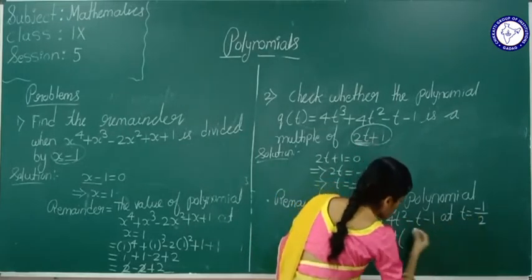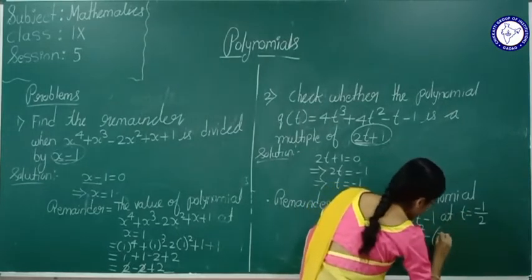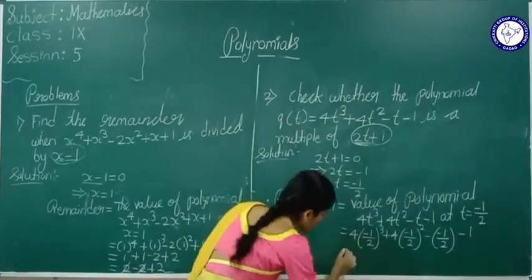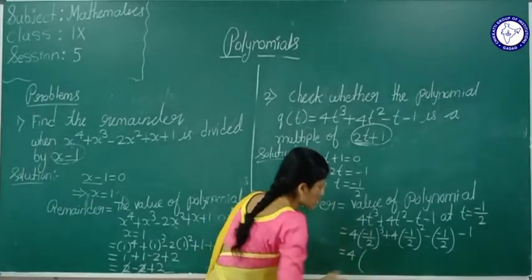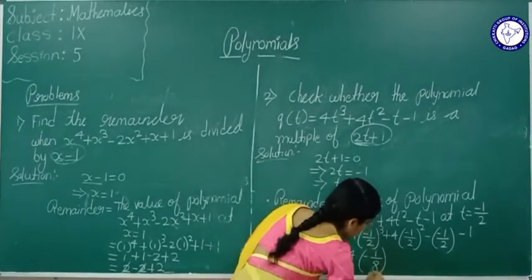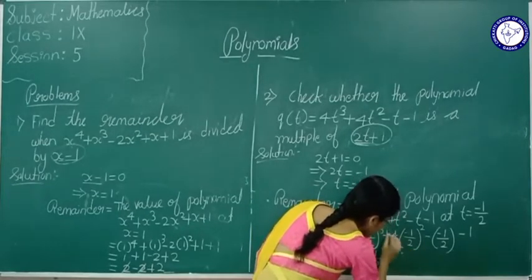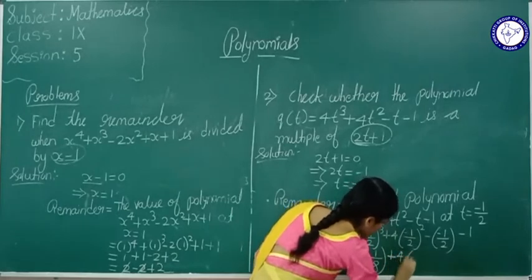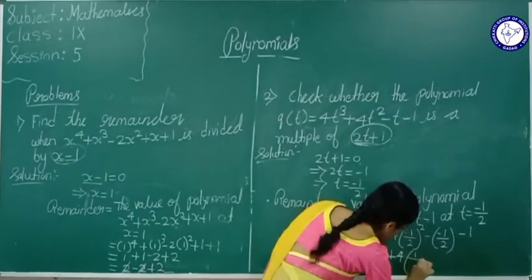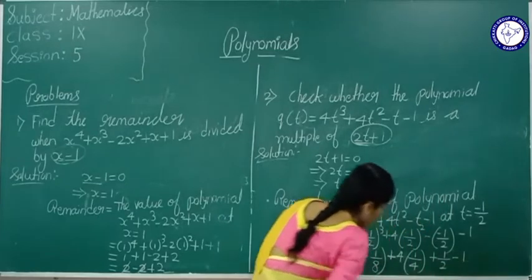In place of t you put minus 1 by 2 square, minus t is nothing but minus of minus 1 by 2, minus 1. So what is that? 4 times minus 1 by 2 multiplied by 3 times, it's nothing but minus 1 by 8, plus 4. First we will simplify this bracket: minus 1 by 2 multiplied by 2 times, it's nothing but 1 by 4, minus of minus is plus 1 by 2, minus 1.